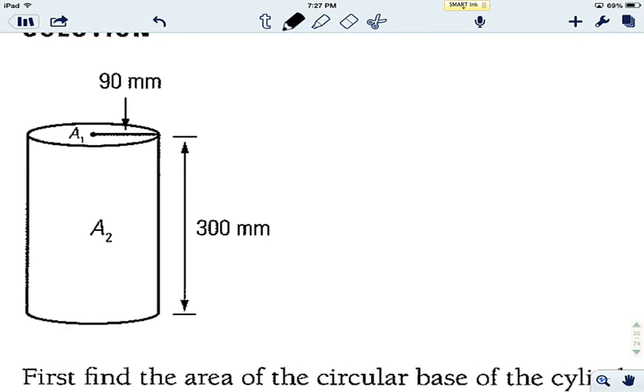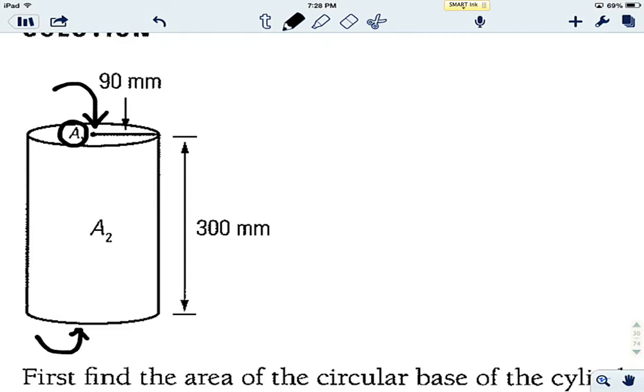It's got a top part, which we're going to call area 1, and there's actually two of those: one on the top, a circle, and one on the bottom. So we have two area 1s.